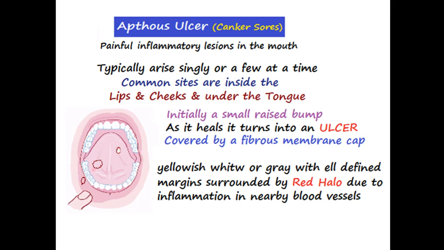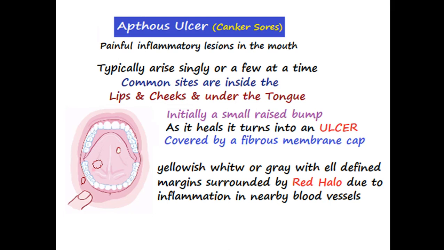When this small raised inflammatory swelling heals and the membrane that covers the small inflammatory bump is removed, the ulcer appears, the Aphthous ulcer appears. And since these are the result of inflammatory conditions, the Aphthous ulcers are covered by a fibrous membrane cap.